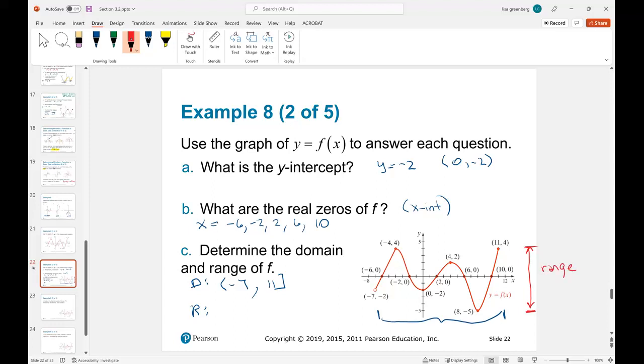And so my range is from, the y value is -5, and I do include -5, all the way to 4. And I actually have 2 points at 4, so 4 is included. And every value between those two values are on that graph. Okay?